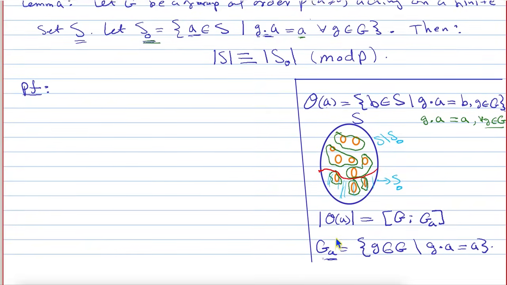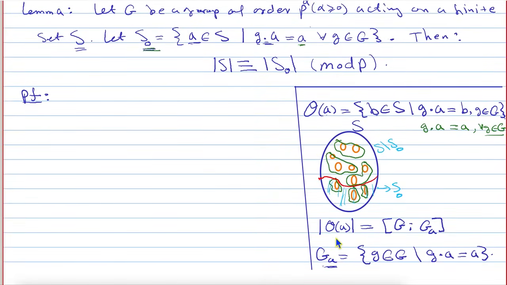Now, starting the proof, we can write the size of the set S as the summation of the size of all orbits. But for each orbit, we only need to take a representative from the orbit.